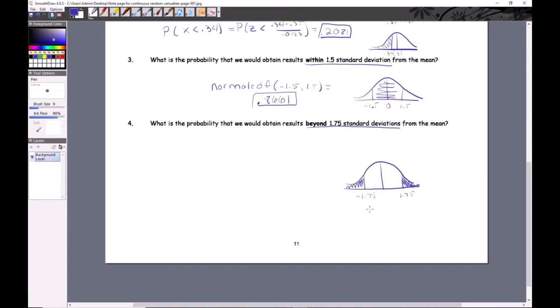So I asked people what would be a good way to calculate this. And almost every class, the first thing was we can do 1 minus the probability of what's in the middle. And that's perfect, right? Negative 1.75 to positive 1.75. Perfect option. Another way, somebody said, well, you could just find the probability of the two tails and add them up. And you can do that.